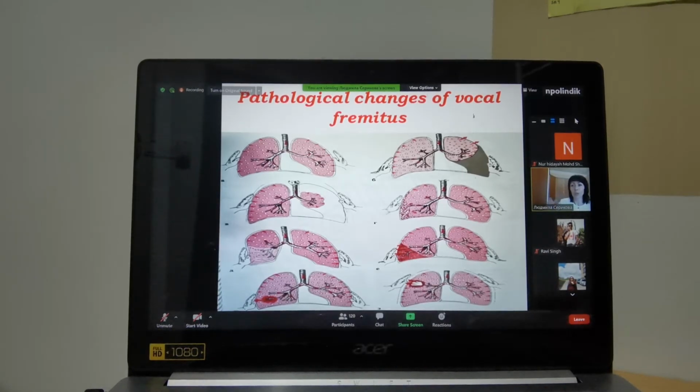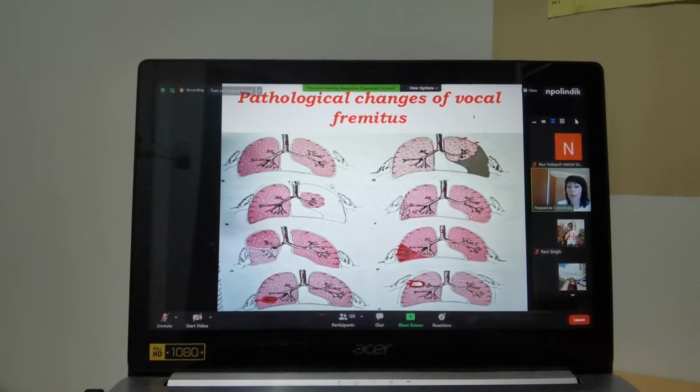This slide can illustrate it, and in future it will help you to understand. I will try to explain a little bit the causes of weakening and intensification of vocal fremitus, because it is a palpatory method. You will place your hands on symmetrical points. Here you can see an illustration of different pathologies, different syndromes, which will be explained in future.